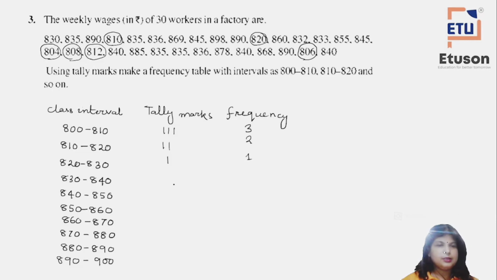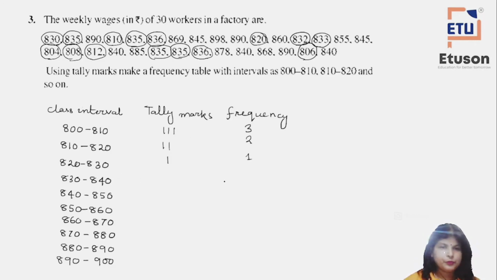Then comes 830 to 840. Counting: 1, 2, 3, 4, 5, 6, 7, 8, and 9. Is there anything else?